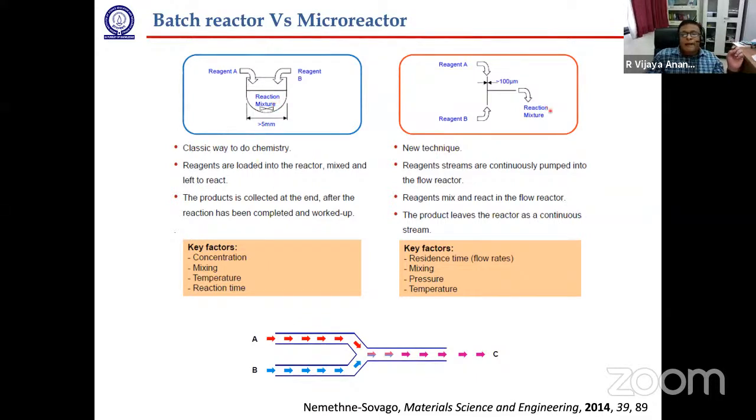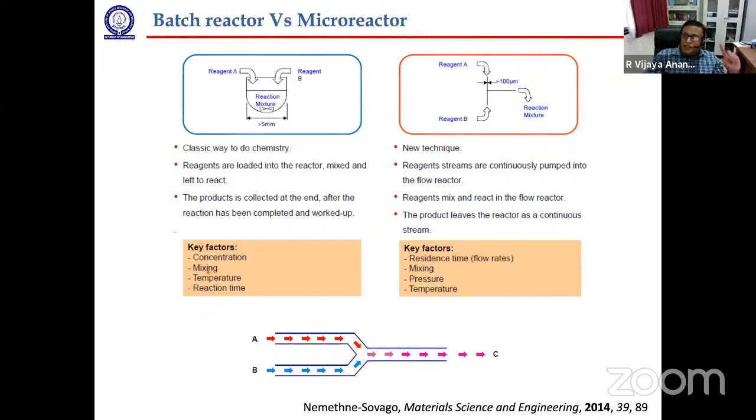Okay. And what are the key factors we have to focus on here? One is concentration, because the concentration of the reaction mixture should be uniform. So you have to have an effective mixing technique here. Otherwise, the reaction will take a very long time, or it may lead to some unwanted byproducts, or there are so many other factors we have to consider.